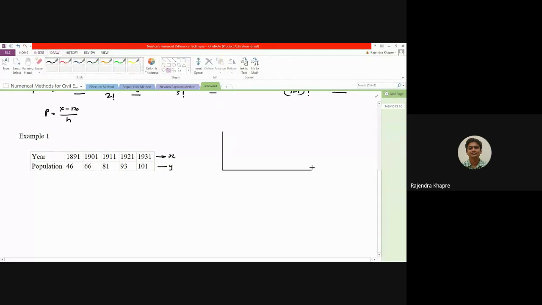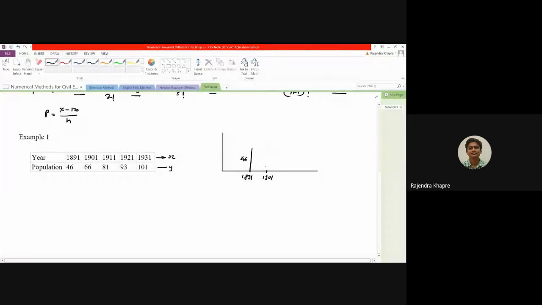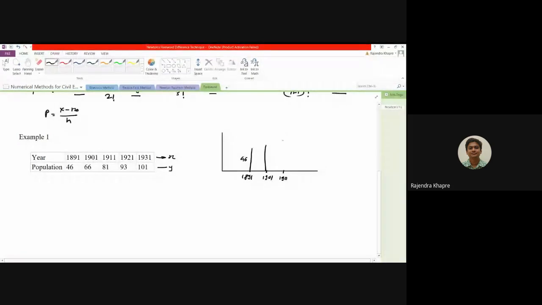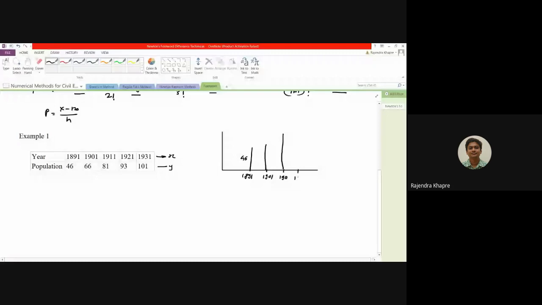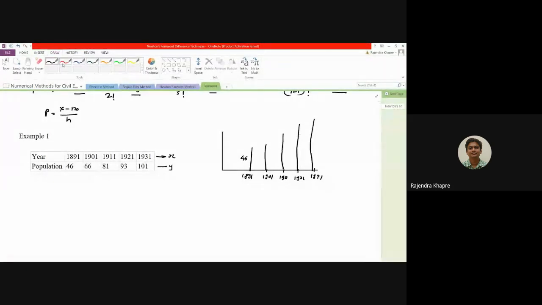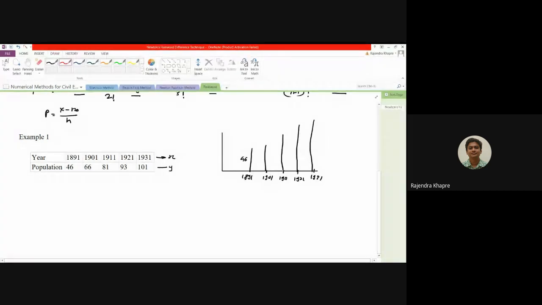Here we have one column: 1891 with 46, 1901 with 66, 1911 with 81, then we have 1921 and also 1931, and you can see this graph is continuously increasing. If you draw a curve, it may look something like this.